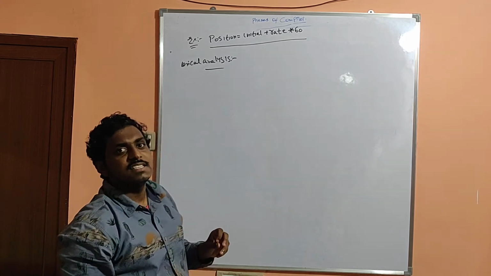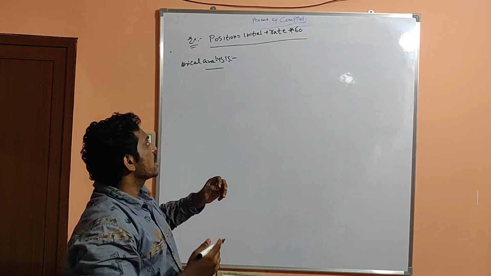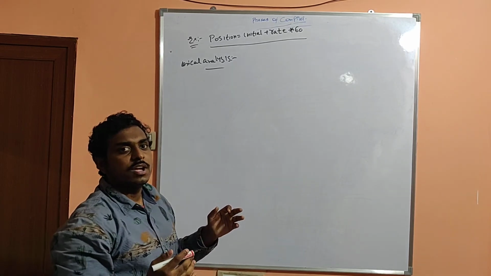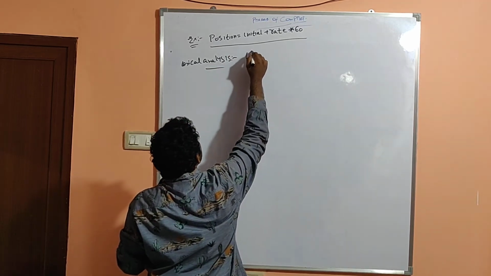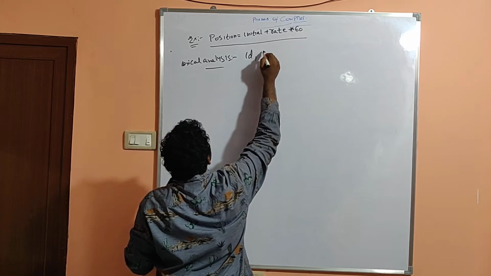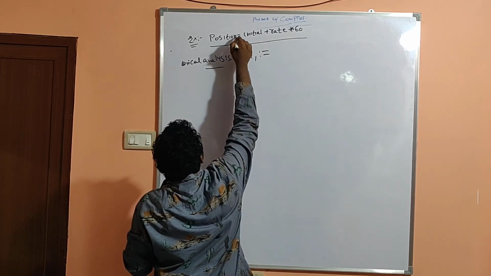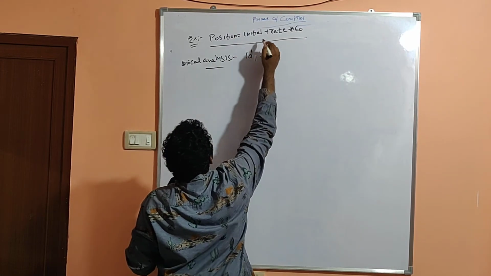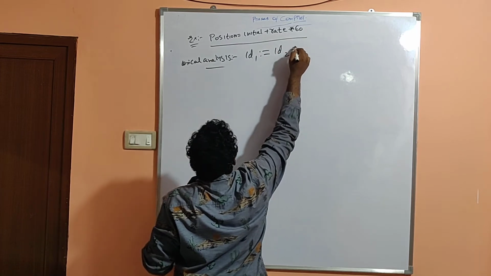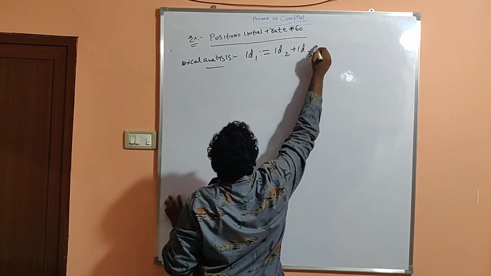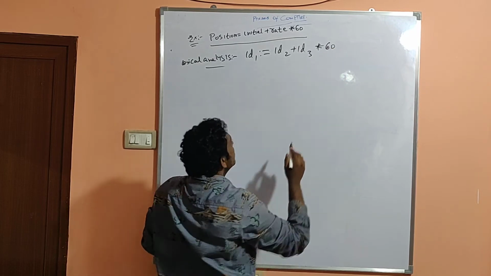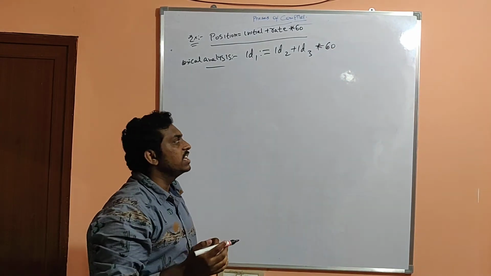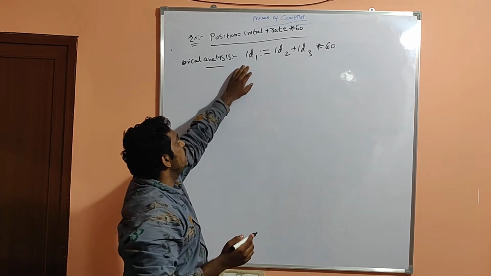In the lexical analysis, the complete input is converted into a number of tokens. Here position is 1 token, which I am mentioning as id1, equal to; initial is 1 token, id2; plus; rate is 1 token, id3; into 60. We need not mention anything special regarding 60, because 60 is a numerical value.